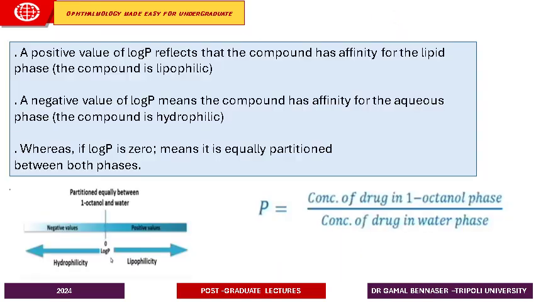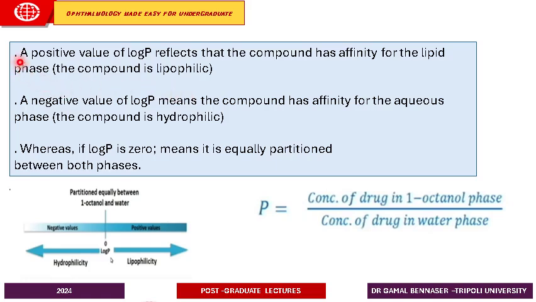Now, after we determine the partition coefficient, as I explained before, and we take its logarithm, the values range between zero, a negative value, or a positive value. If the value is 0, it means that it is equally dissolved in both lipid medium and aqueous medium. If it has a negative value, it means that the compound has affinity for aqueous medium, so it is a hydrophilic material. If it has a positive value, it has an affinity for lipid phases, and the compound is named lipophilic.